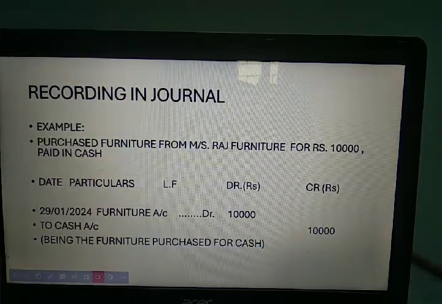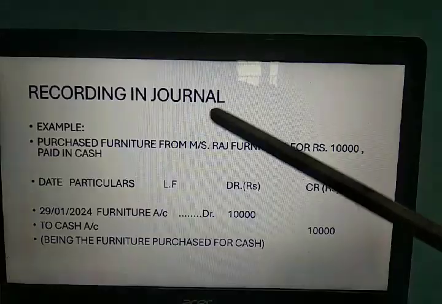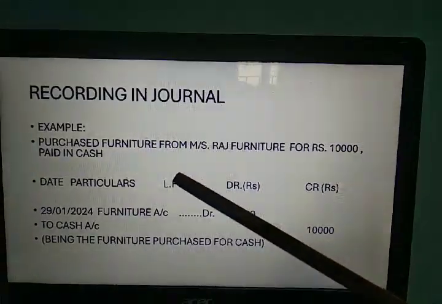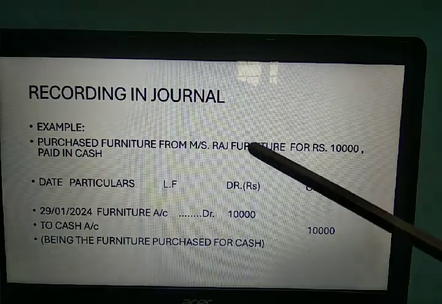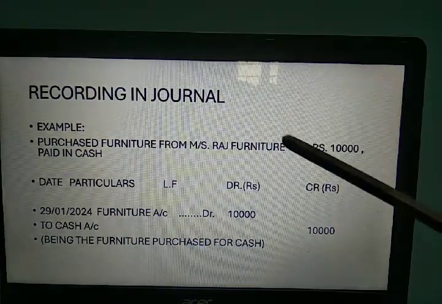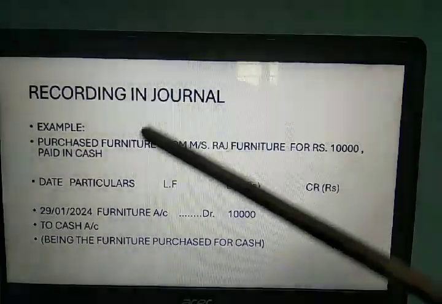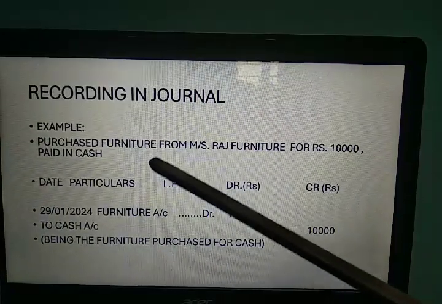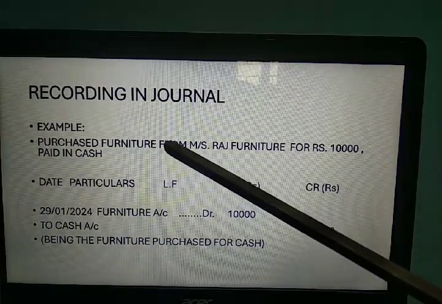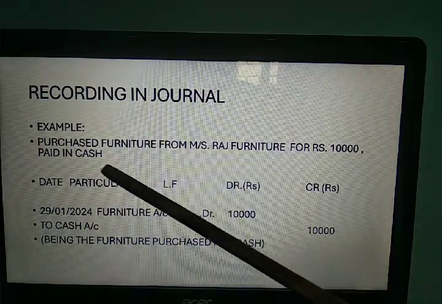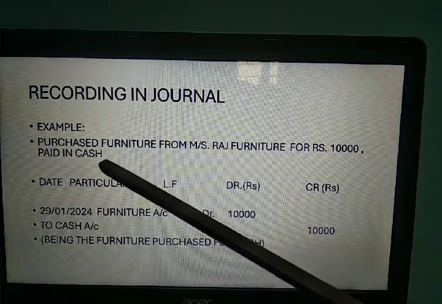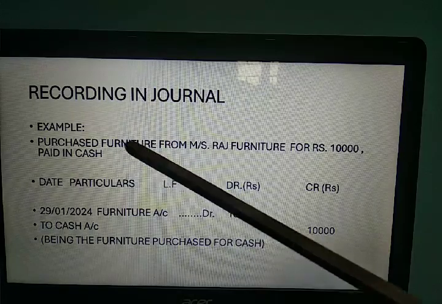Next, we are recording in the journal. We are giving an example. Suppose one transaction is given: purchased furniture from Messrs. Raj Furniture for rupees 10,000, paid in cash. You see that transactions may be either cash or credit. If cash is not mentioned, you have to assume that this is a credit transaction.